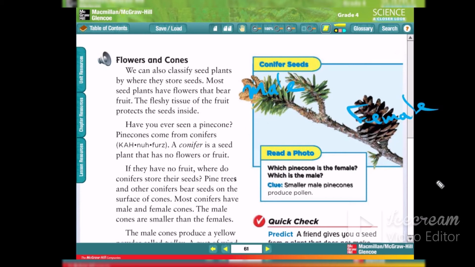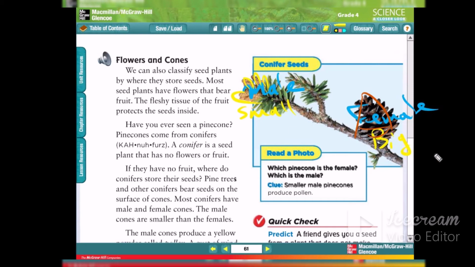The male will be small, but the female will be big. Also, the male will be yellow sometimes, but this one will be brightly brown. Yeah, this one is brown, not like this. We have a difference.